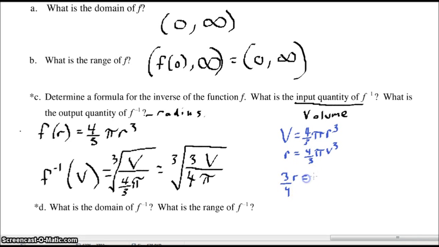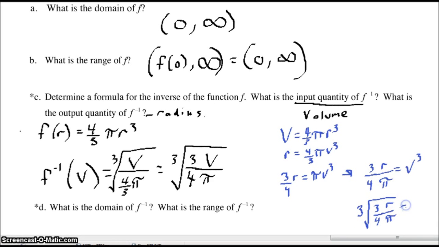Let me just take this a step further here. We could divide by pi, and that'll just put the pi down here in our denominator. We'll have v cubed, and we can take the cube root of both sides to get the cube root of 3/4 r over pi equals the volume.